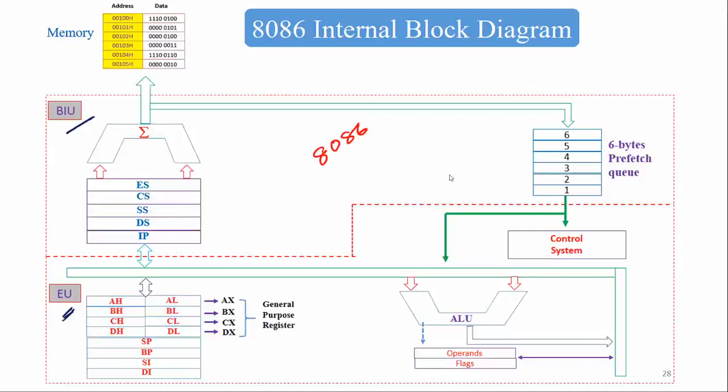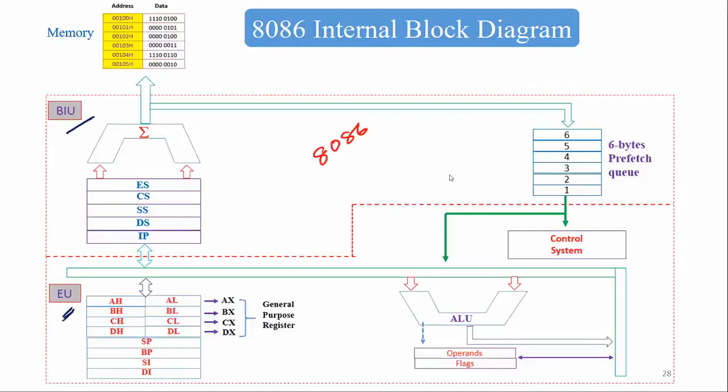Yes. So here we have two parts. Why are there two parts? Let me explain. The execution unit executes. It is not connected to anything in the outside world, like the memory. For the CPU, memory and input-output ports are the outside world, isn't it? Yes, sir. So the execution unit does not get connected with those memories.